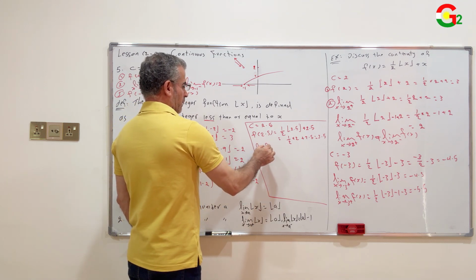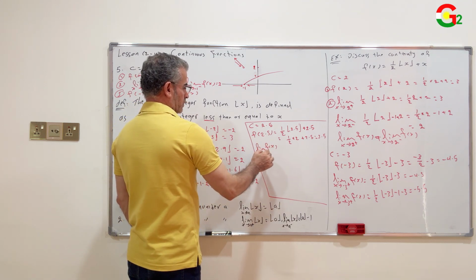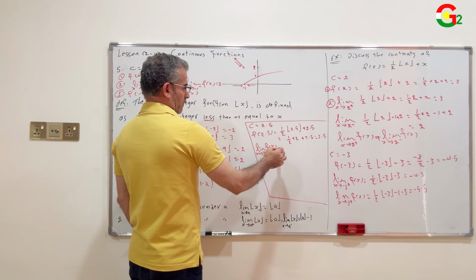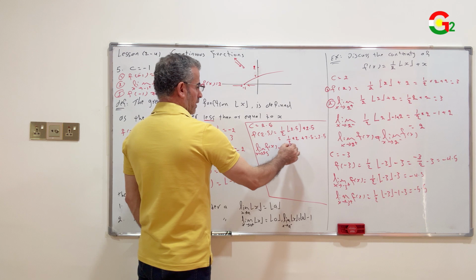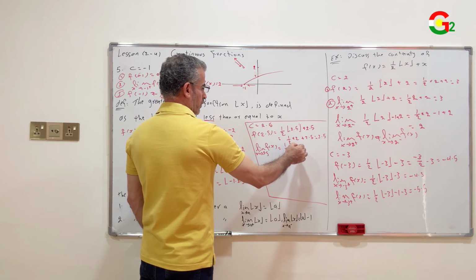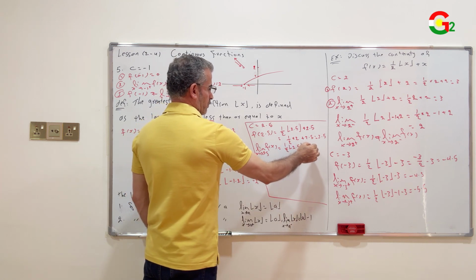The limit of the function when x approaches 2.5 equals 1 half greatest integer of 2.5 plus 2.5.